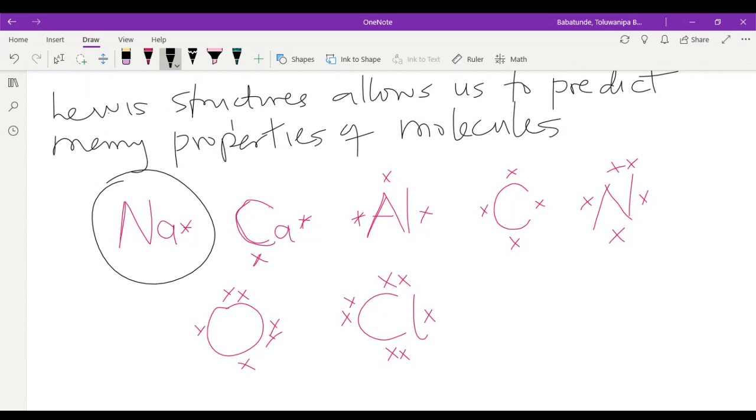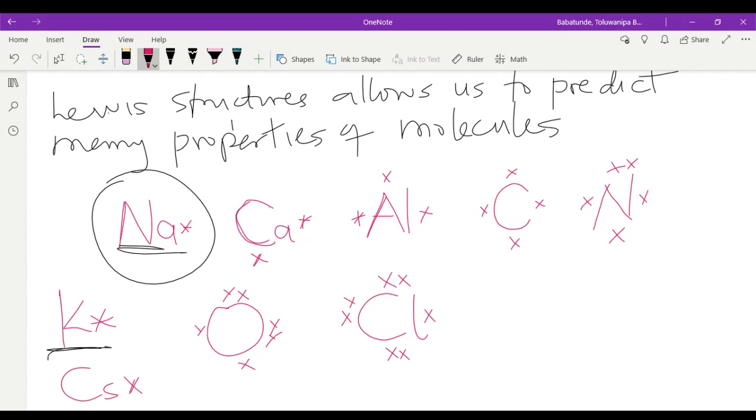If you want to write it for potassium, potassium will also be the same as sodium. The only thing that is going to be different is the symbol. Potassium will be K, while sodium will be Na. Cesium will be the same. Cesium will be Cs, with one dot, and so on and so forth.